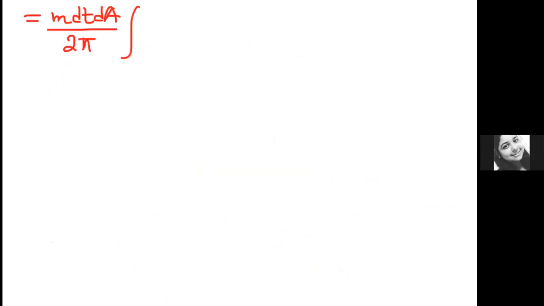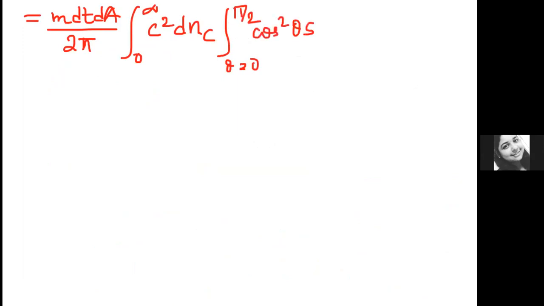Okay, 0 to infinity, we have c square dnc, and theta is equal to 0 to pi by 2. We'll have cos square theta, sine theta, d theta, and phi is equal to 0 to 2 pi. It's d phi.